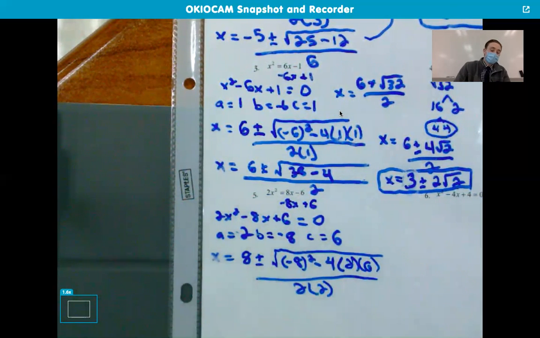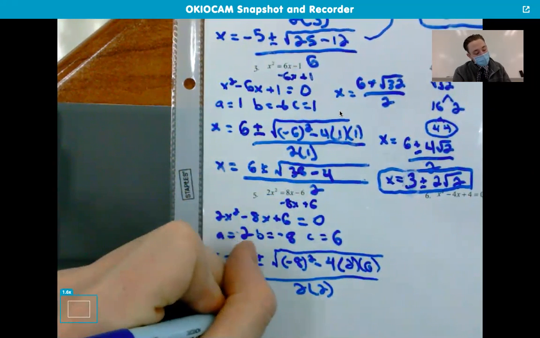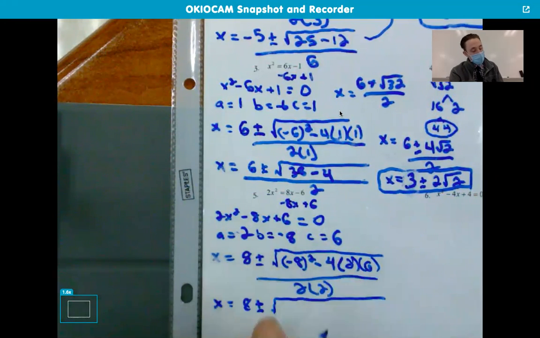All right, cool. I appreciate everybody participating, but couldn't hear either of you. So negative 8 squared minus 4 times 2 times 6 all over 2 times 2. How does the square root simplify? I have the 8 plus or minus on the outside. What's the negative 8 squared going to give me?